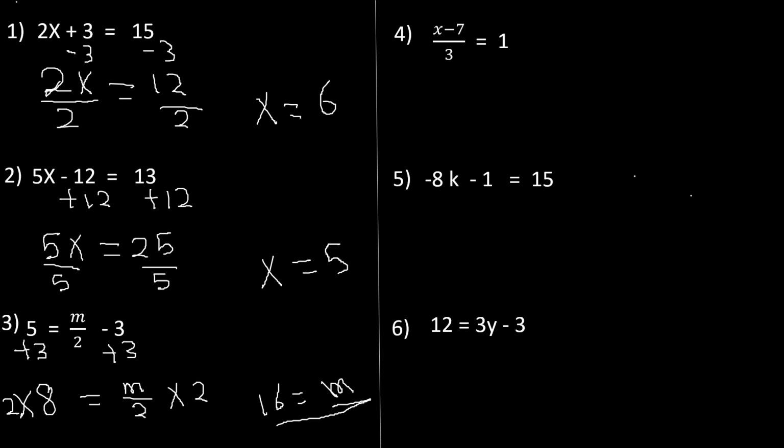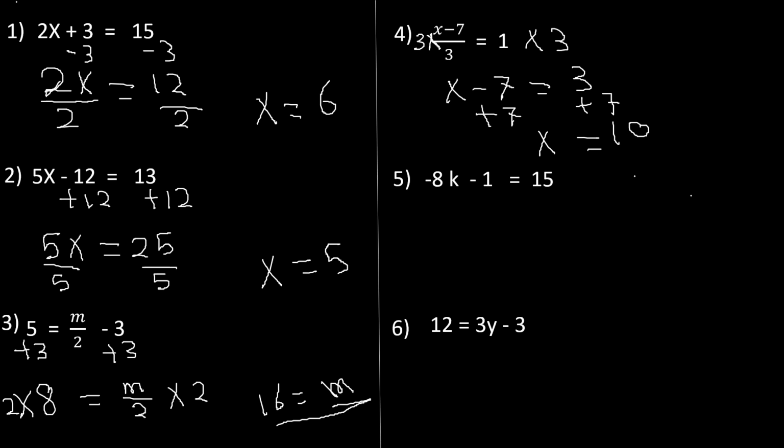So in this example, we have at first to remove 3. So we'll multiply each side by 3, here by 3 and also on the other side. So x minus 7 will be equal to 3. Now we have to cancel negative 7 by adding plus 7 to both sides. And finally, x will be equal to 3 plus 7 equals 10.